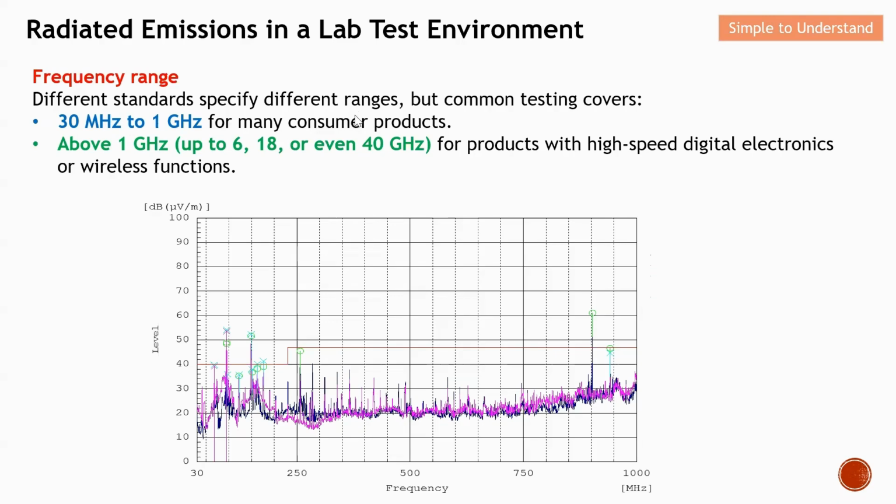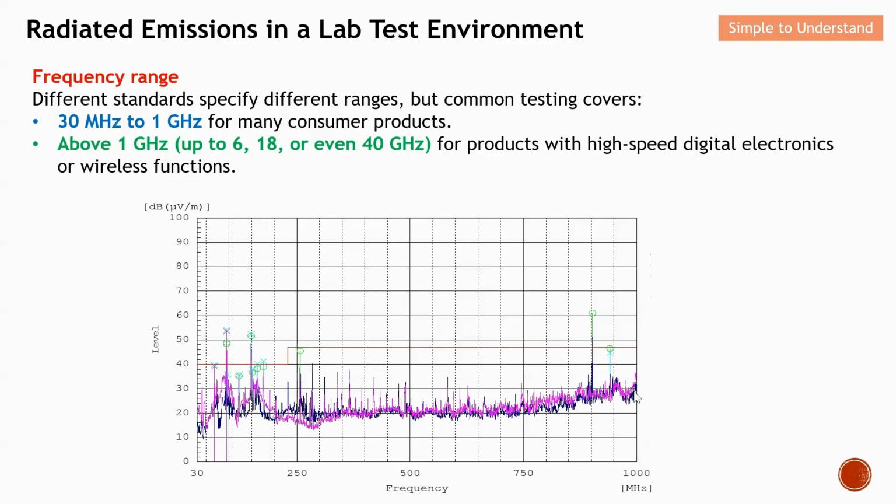Nowadays, because we move to higher frequency, above 1 gigahertz up to 6 gigahertz is also very popular. If your device works in a higher frequency, then you need to test it with higher frequency. So basically, this is the frequency range that you need to test for your product. Let's say they are high-speed digital electronics or some wireless function, then you need to consider testing them at a higher frequency.